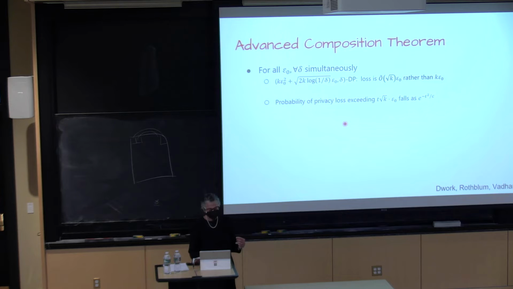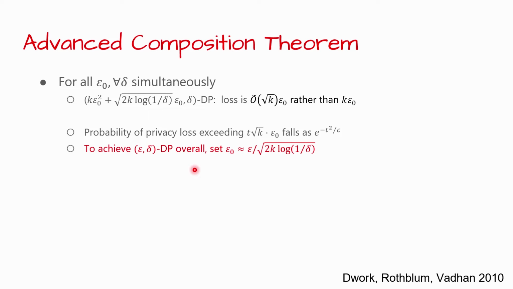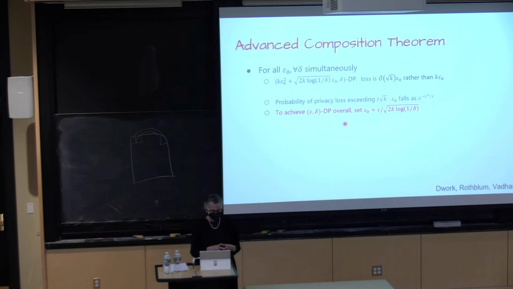And what that suggests is if you want your cumulative loss to look like epsilon, delta overall, you set epsilon naught to be approximately epsilon over square root of 2k log 1 over delta. When you do that, this denominator cancels here, and you just get your epsilon.